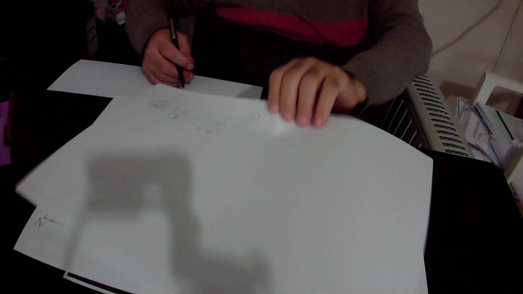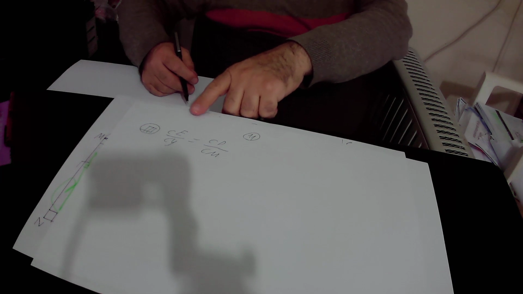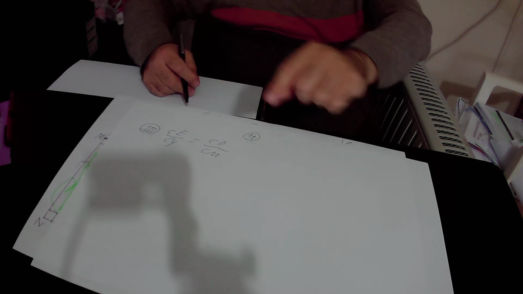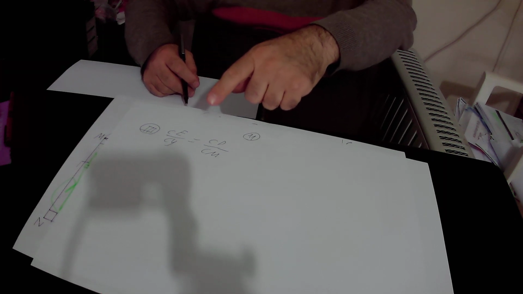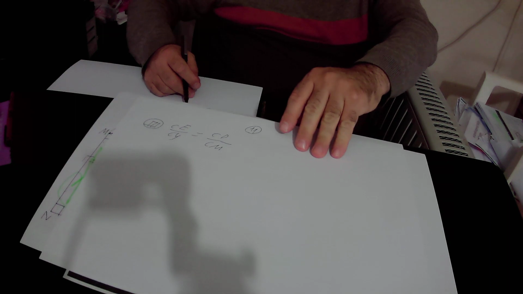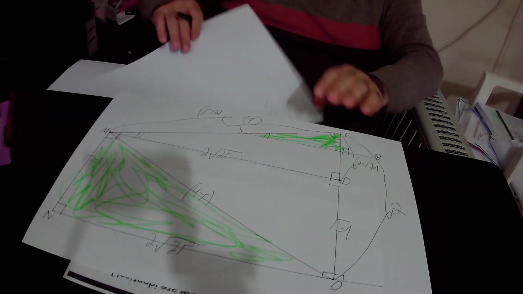I'll repeat again. We conclude that CE over CY equals CD over CM, or CE over CY in triangle CYE equals CD over CM in triangle CDM. Okay.